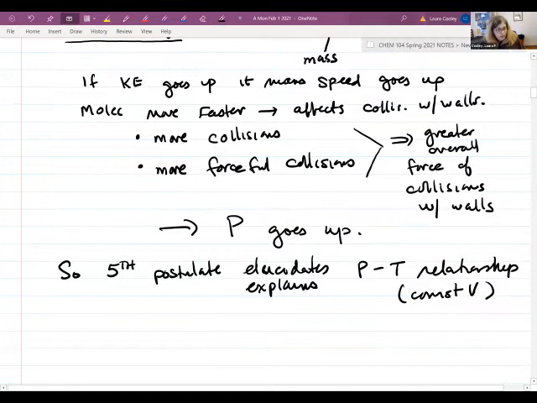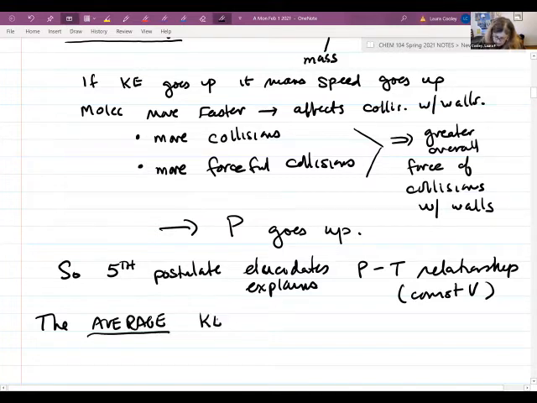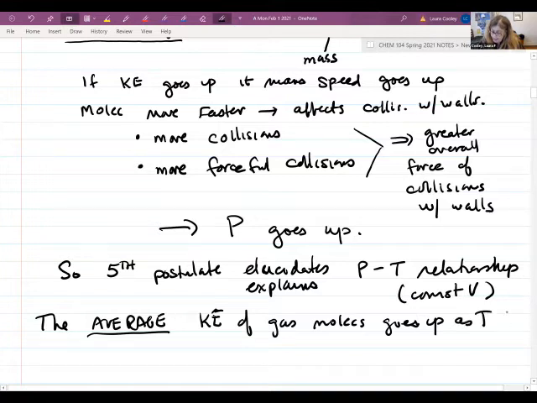Okay. All right. Well, if we go and look at that fifth postulate carefully, we'll notice that it doesn't just say the kinetic energy of gas molecules increases. It says the average kinetic energy of gas molecules goes up as the temperature goes up.